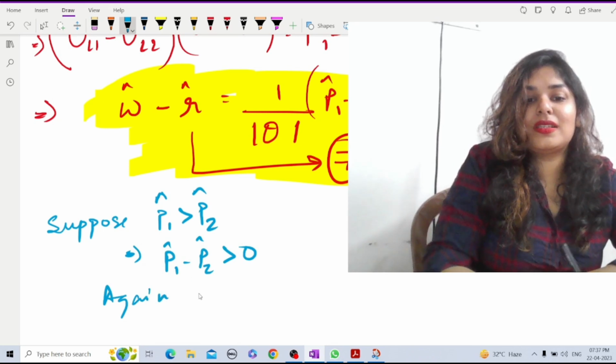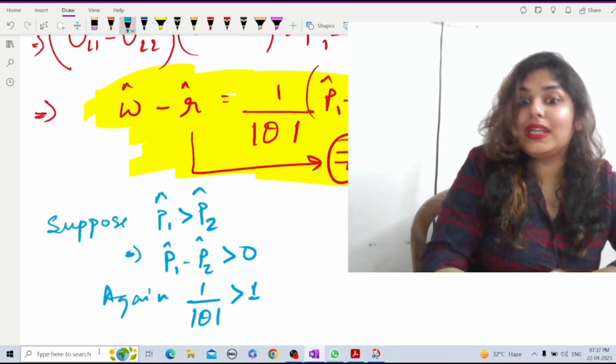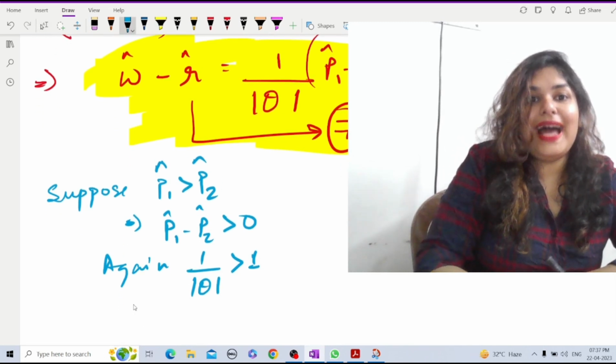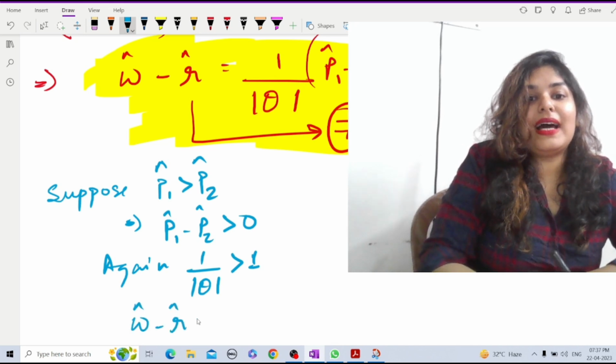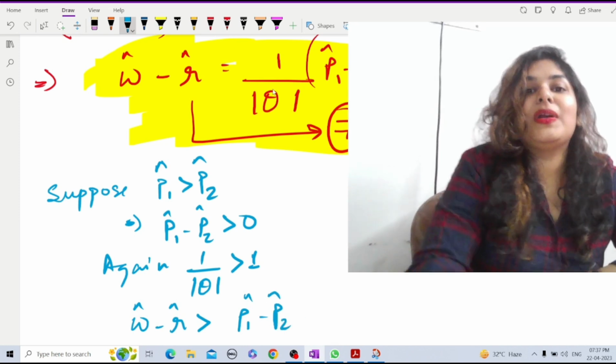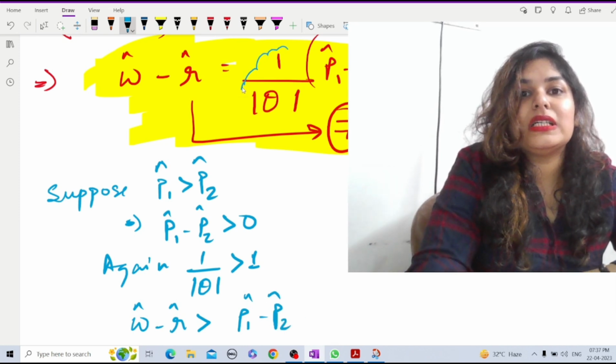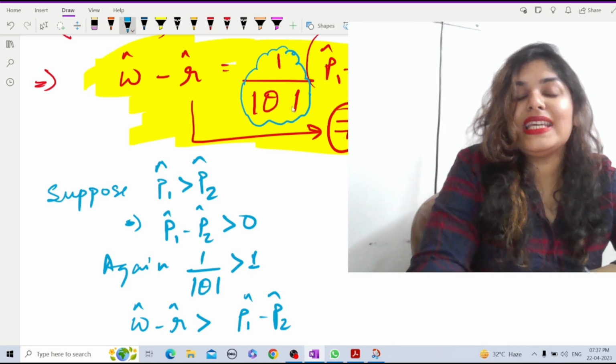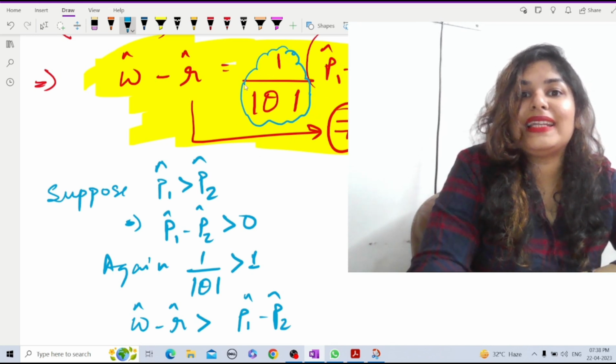Again, we have just now seen that 1 by the determinant of theta is greater than 1. So this is very clear that W hat minus R hat is greater than P1 hat minus P2 hat. Why? Because W hat minus R hat is equal to this price difference multiplied by something that is greater than 1.